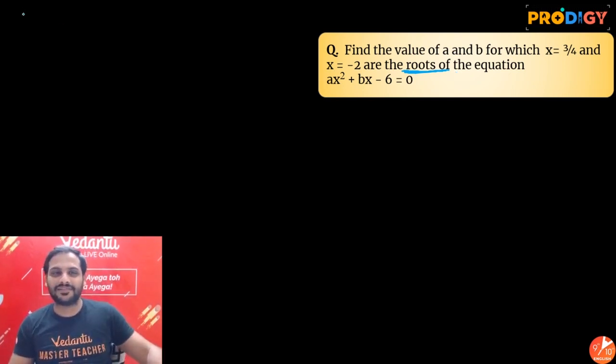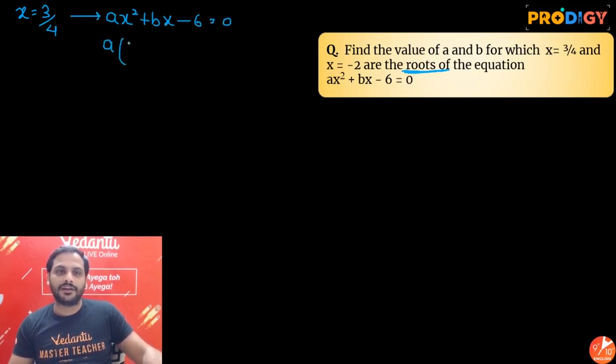So let's make them satisfy. Let's put x equal to 3 by 4 in ax square plus bx minus 6 equal to 0. So I will get a into 3 by 4 whole square plus b into 3 by 4 minus 6 equal to 0.